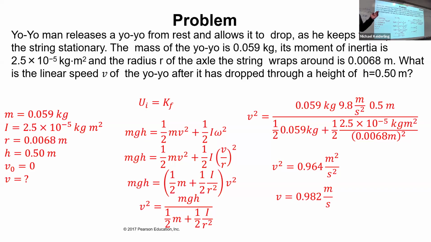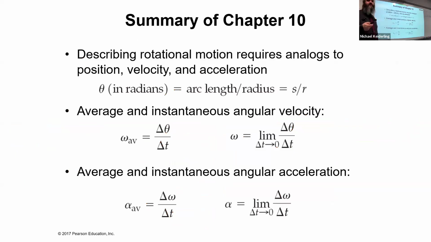And that, any questions about this, is the end of chapter 10. So in summary, describing rotational motion requires analogs to position, velocity, and acceleration. Theta in radians is arc length over radius, s over r. Average angular velocity is delta omega over delta t.